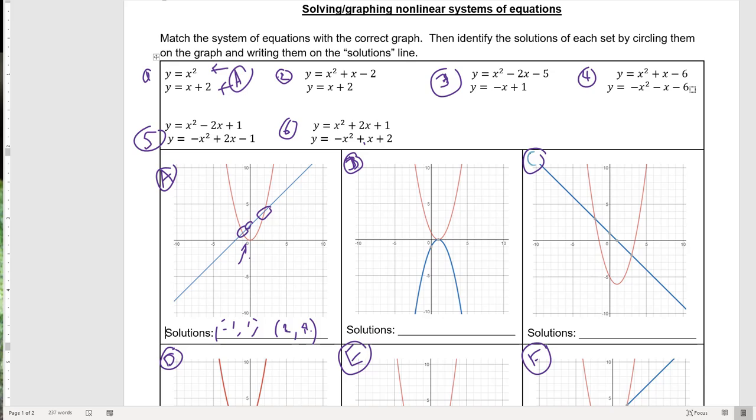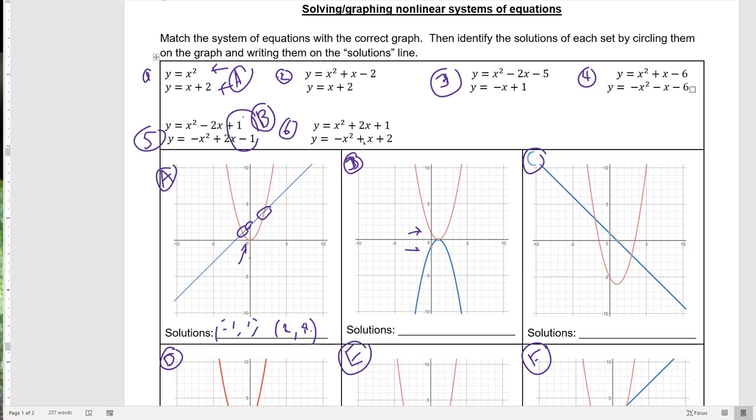If we look at the y-intercepts here and here, we see that we have y-intercepts at +1 and -1. So these two y-intercepts at +1 and -1 make equation 5 the match to graph B.